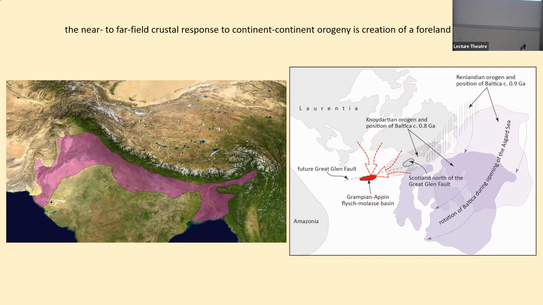Interestingly enough, the Himalayan orogenic belt is a pretty close match spatially for what is inferred to be this Rhinelandian Knoydartian orogenic belt with the strike length of Baltica intersecting with Laurentia. And like any orogenic belt, it gets eroded and it sheds sediment. And the inference is this is what we see with respect to the Grampian Iapetus group rocks.